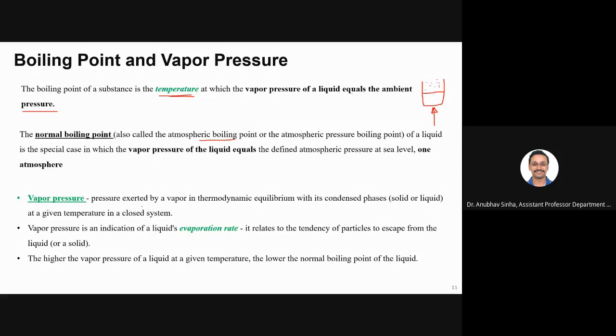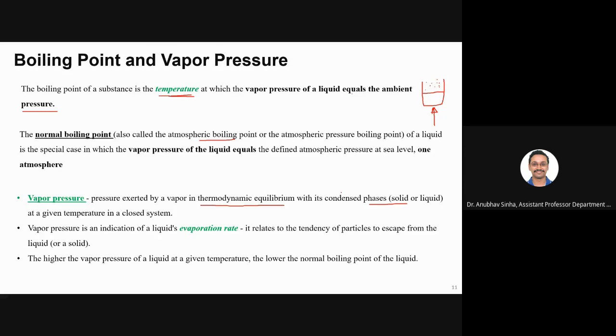Vapor pressure is the pressure exerted by vapor in equilibrium with the condensed phase, liquid. Let us keep a simple example. We'll talk about boiling water, but the same logic will be applicable to other substances and other phases also.